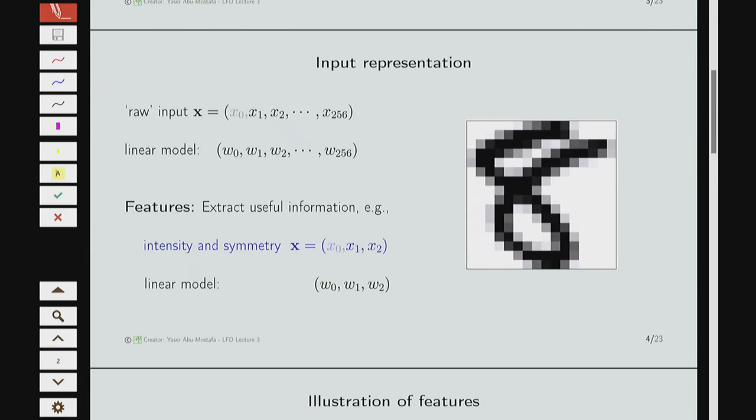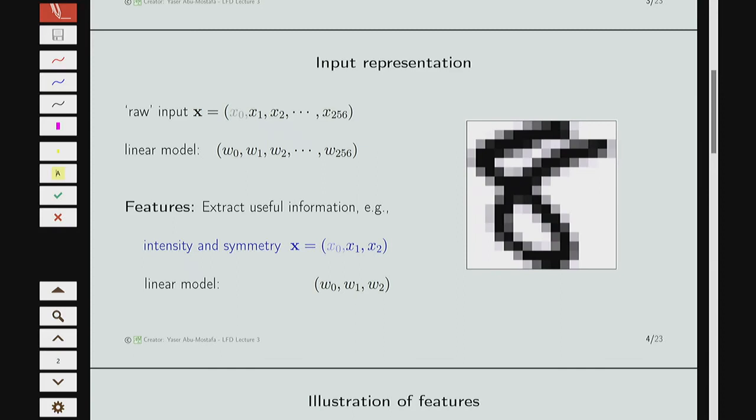So altogether there are 256 pixels. Each pixel is an input, x1, x2, x3, and so on. Then you will have a vector that looks like that, up to x256, and then plus 1, the augmentation x0, okay? And then you have a corresponding weight vector like that.